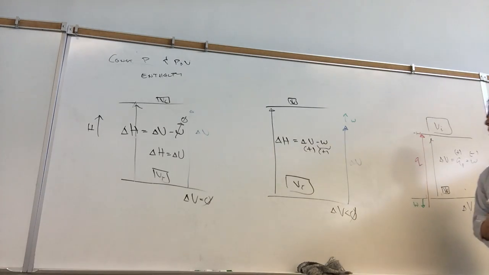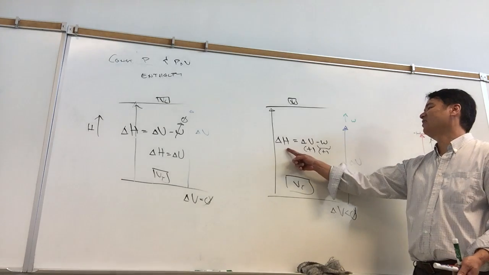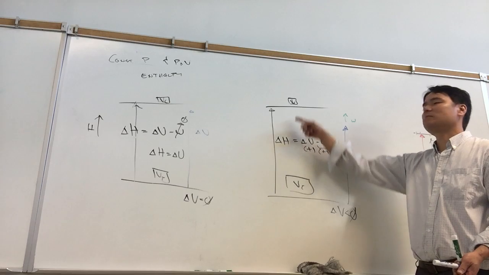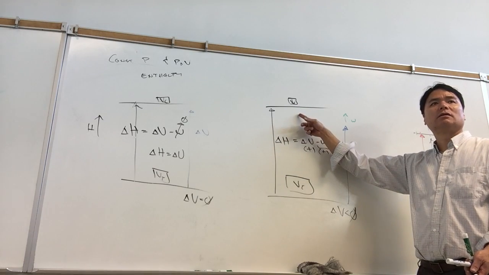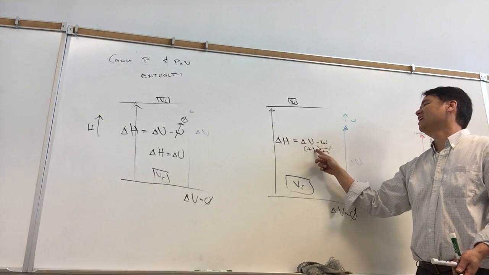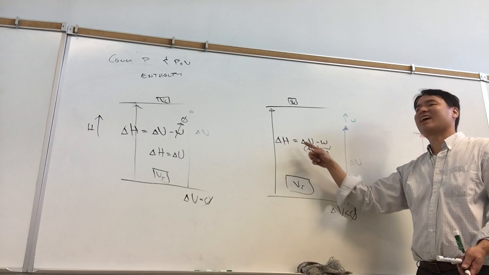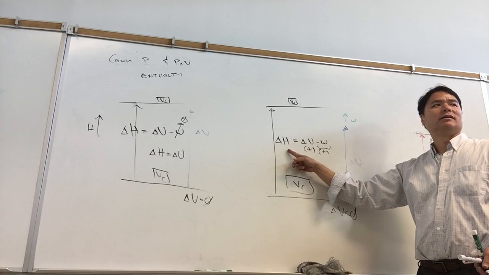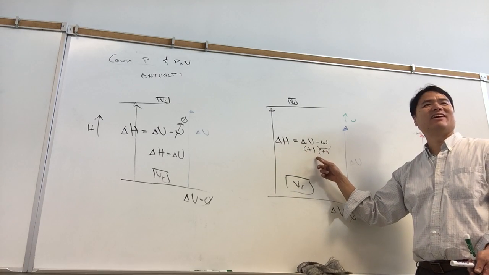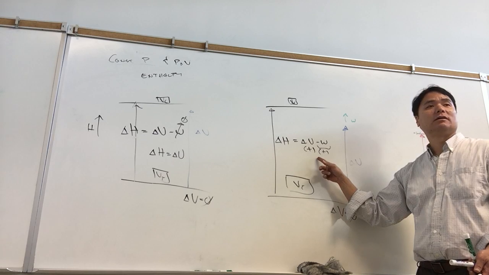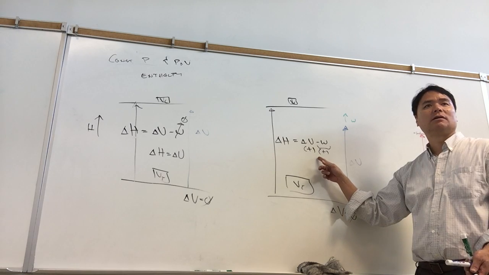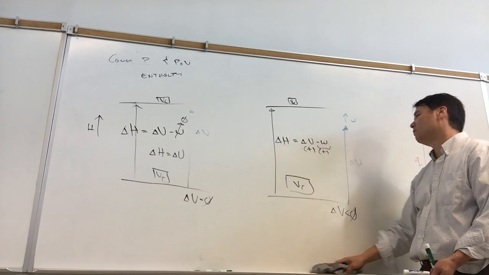Let's make sure this makes sense now. So in this case, we ended up with a bonus because the surroundings should have done the work. And so here we're going to end up getting more energy than the internal energy, but in all it's going to end up costing us more.